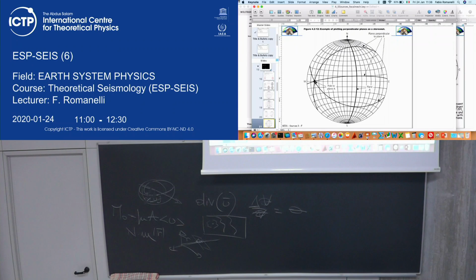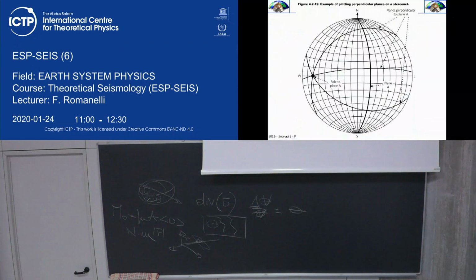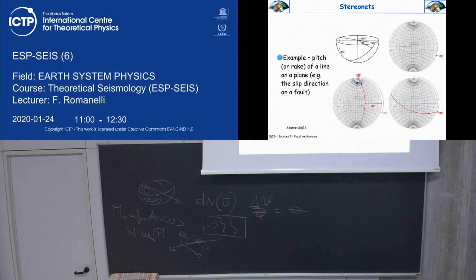That will be important. What's next? That's the example of the ray. So if you want to plot something where the eigenvalue is getting down by 20, you have to put a dot here. So actually, a slip on a fault will be described by one line, one meridian if you want, plus one dot.